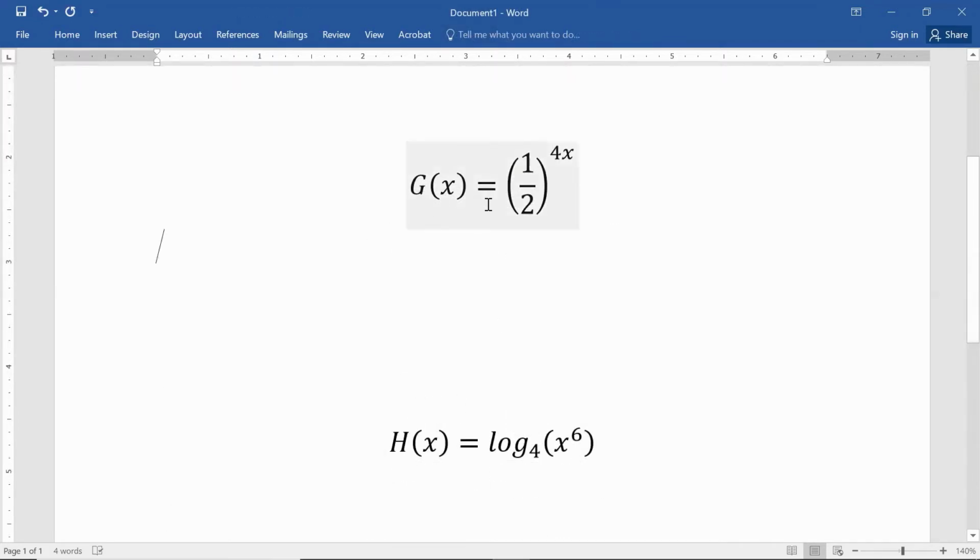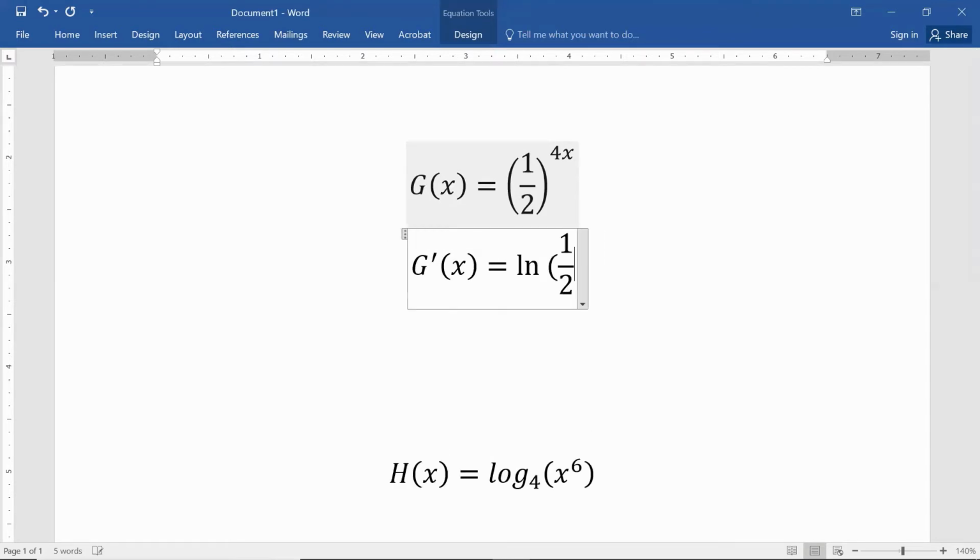Let's utilize that property to do the derivative of g. So g prime, this is an exponential function with base 1/2. So we're going to take base of 1/2 to the 4x, take the derivative of that, and then because its base is not e, I'm going to have to multiply times the natural log of the base.